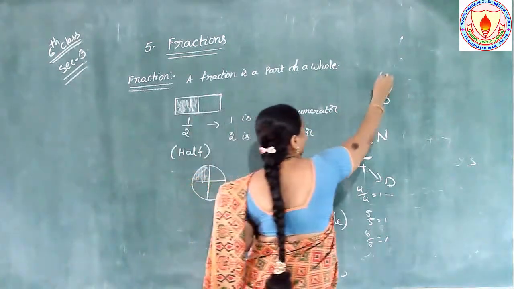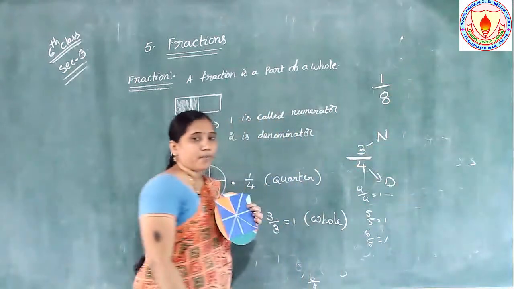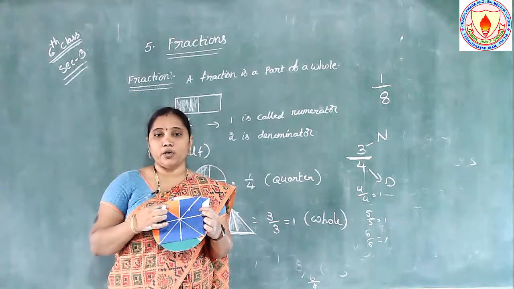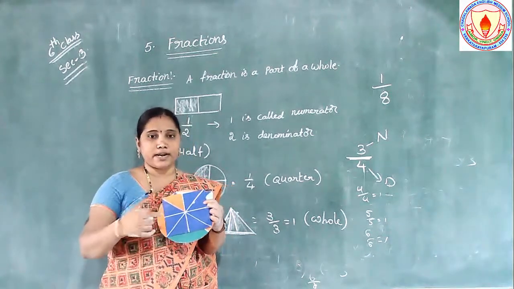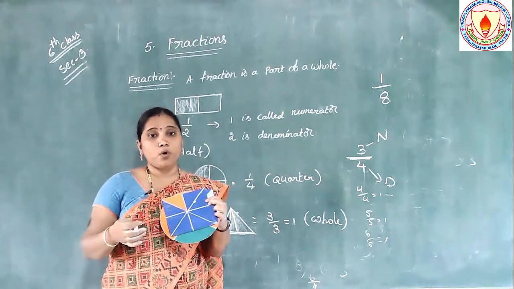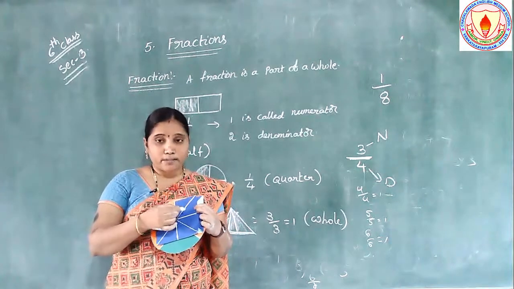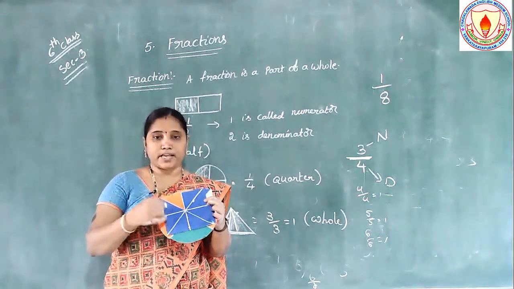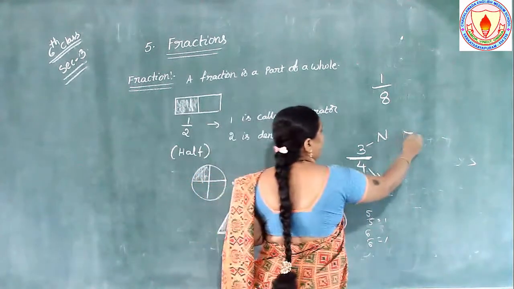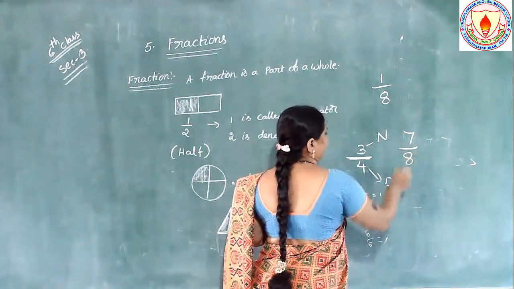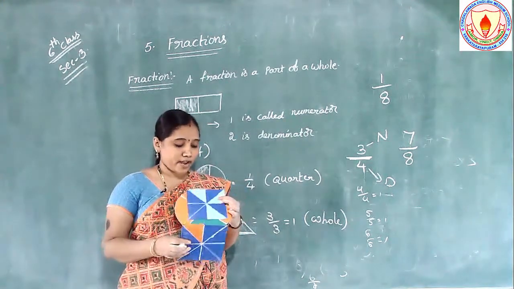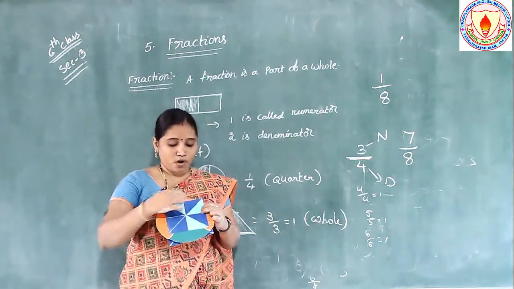So the fraction value is 1/8: 1 by the total parts, 8. And the remaining blue portion: 1, 2, 3, 4, 5, 6, 7, so 7 out of 8 total parts. The fraction value is 7/8.